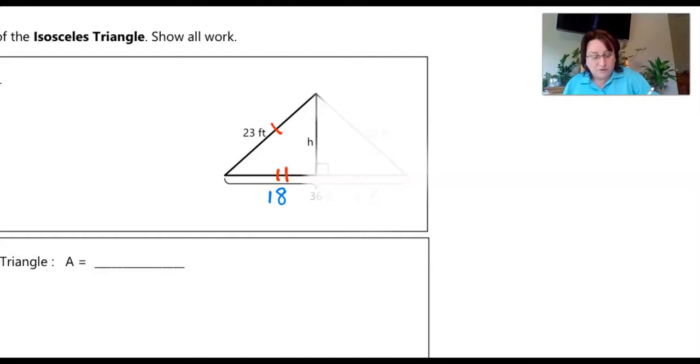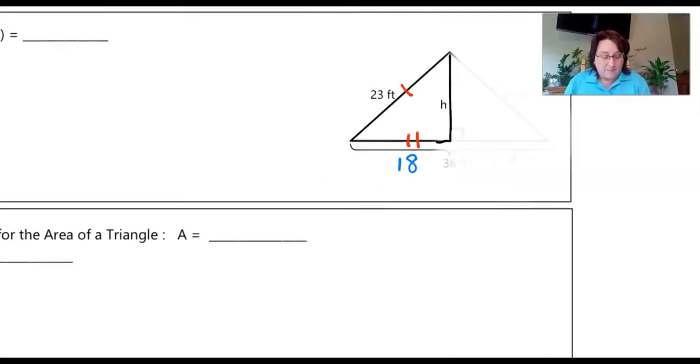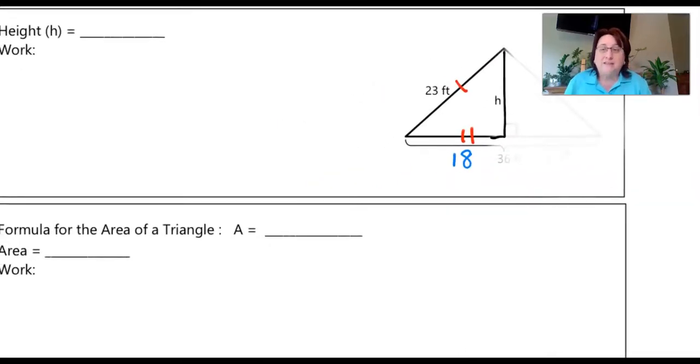So let's focus on this triangle on the left. Can we find the height? Yes, because if one side is 90 degrees, the other side also has to be 90 degrees, so we have a right triangle. And now that we have a right triangle, we can use the Pythagorean theorem to solve this.